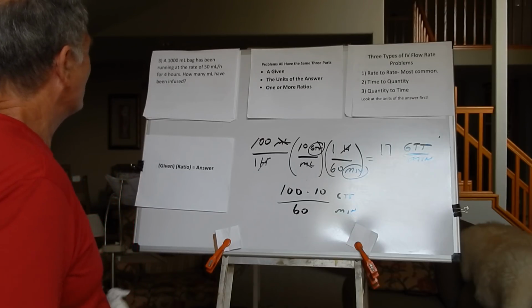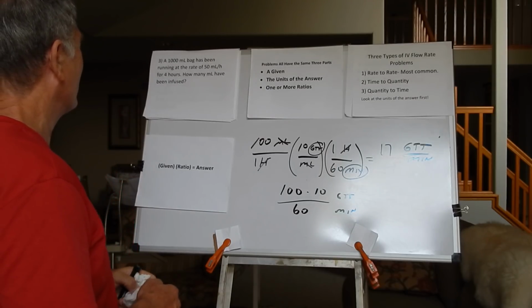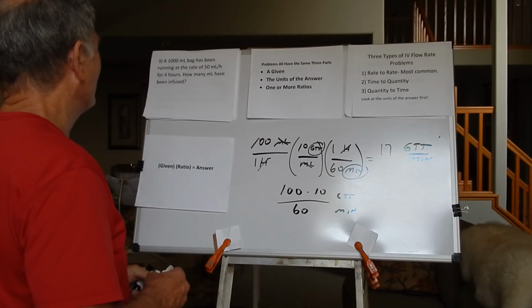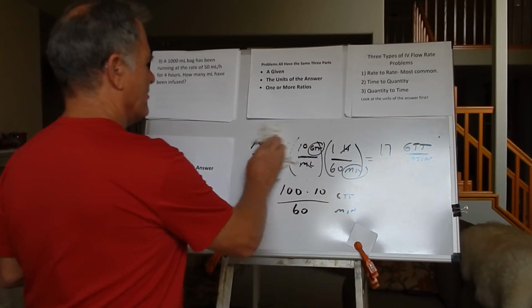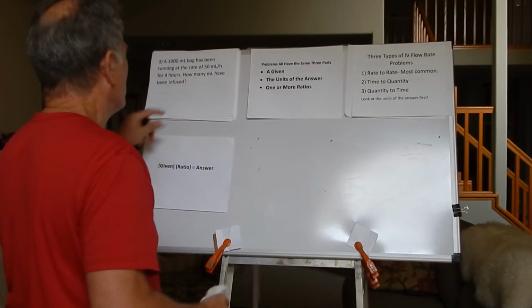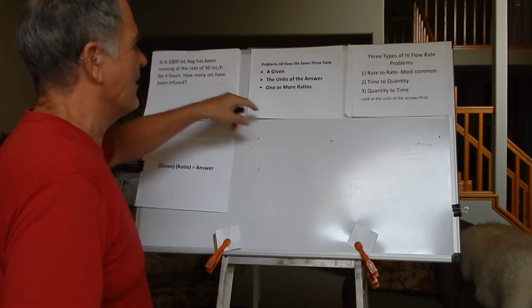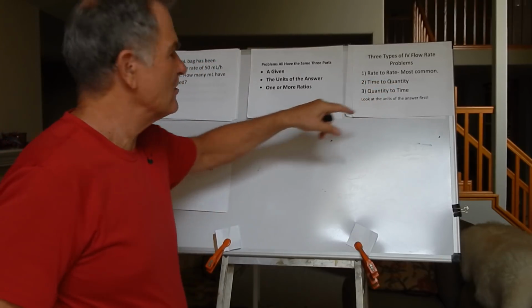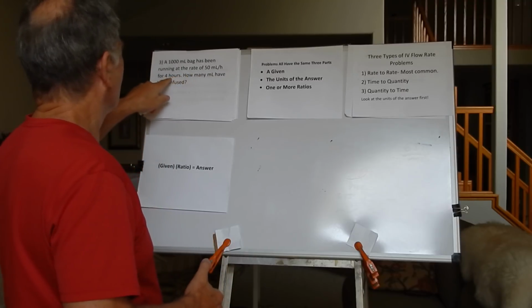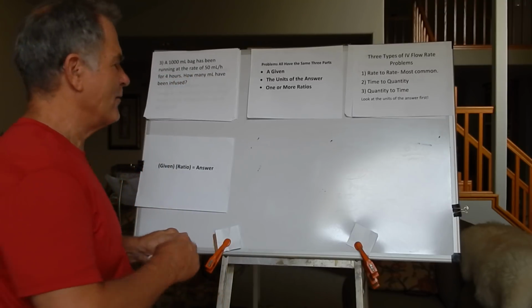Number 3, a 1,000 ml bag has been running at the rate of 50 mLs per hour for 4 hours. How many mLs have been infused? Okay, so the units of the answer are ml. That's a quantity. So it has to start with a time, right? So the time is 4 hours.